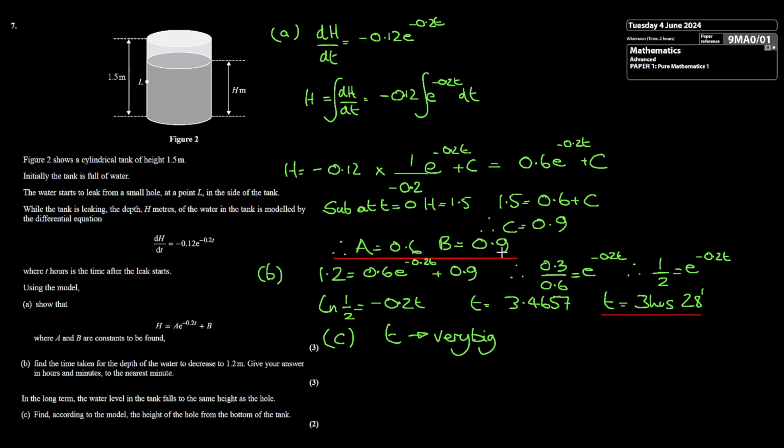And as we know that b is equal to 0.9, this will be the answer. So 0.6 e to the minus 0.2t will go to 0, and therefore h, the remaining bit of the equation, is equal to 0.9. And that's the answer for part C and the end of the question.